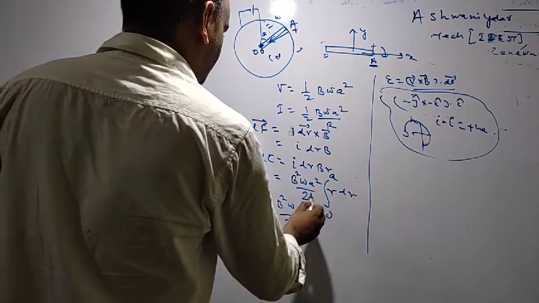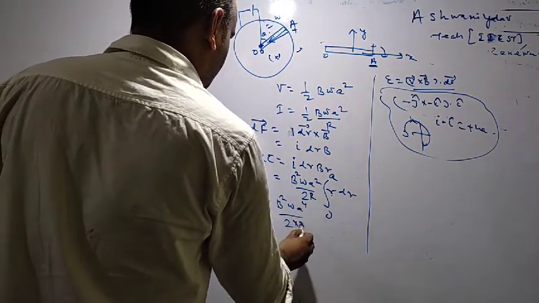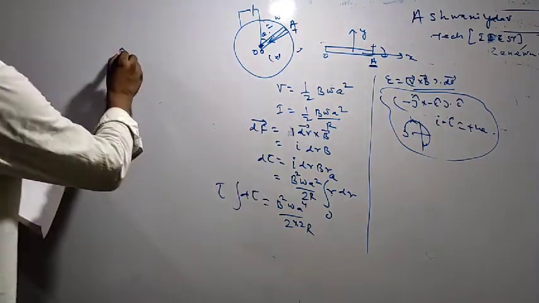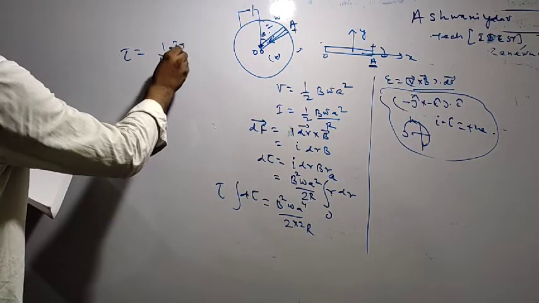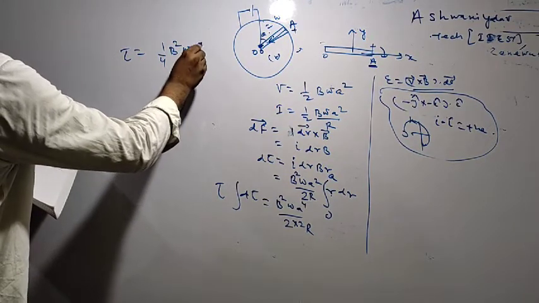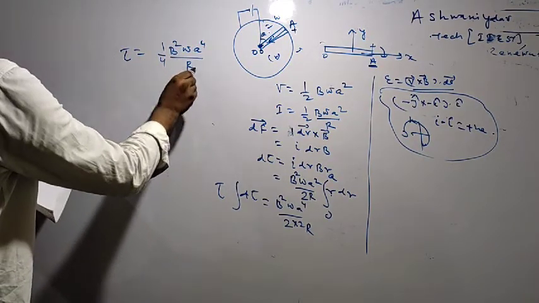We are missing R here, 2 into 2R, so we have torque equal to 1 by 4 B square omega A to the power 4 by R.